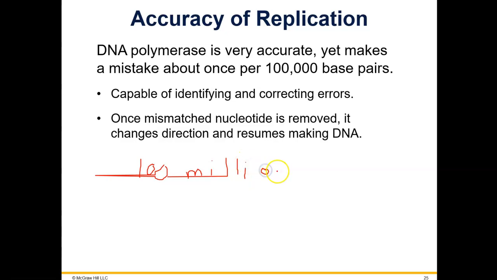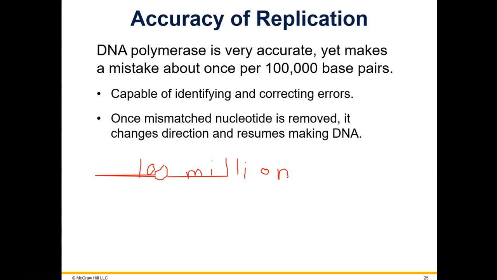So the mistakes that get made by DNA polymerase are one mistake in every 100,000 base pairs. But after DNA polymerase comes in and corrects those mistakes, there is still one mistake in every 100 million base pairs.